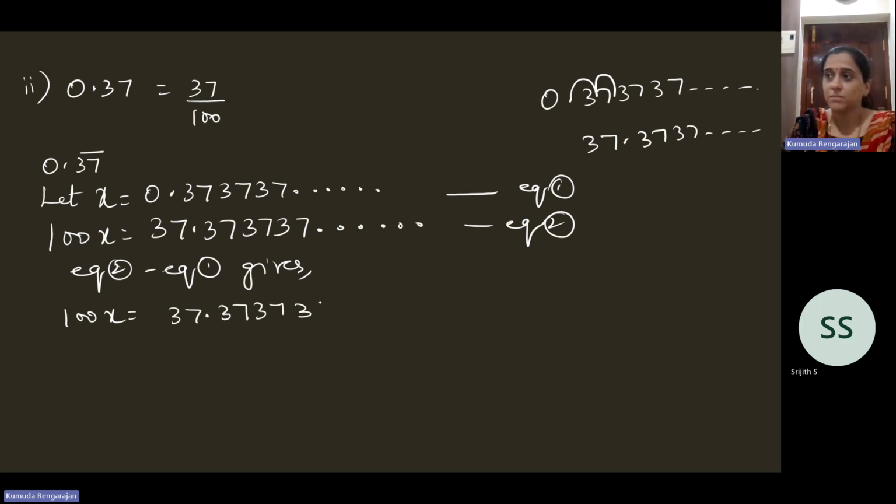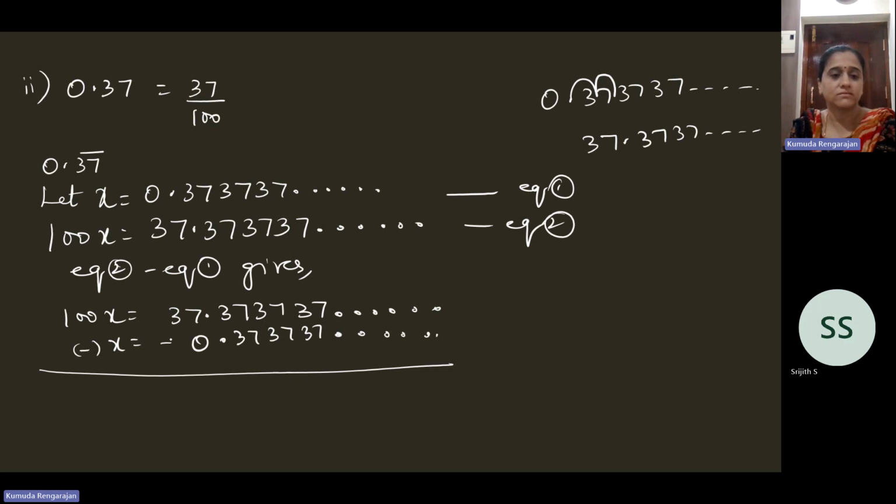Ma'am, I just put 137. Is it okay? No, not okay. You should show at least 2-3 sets in the repeating block. And x is equal to 0.3737. And then 99x is equal to 37.0, because 100x minus x, not 10.